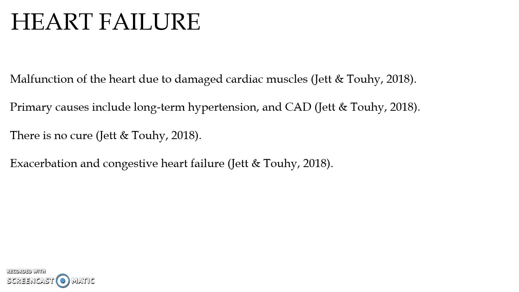Now, if the underlying cause is not well controlled, the damage becomes worse and can actually result in what is known as congestive heart failure. An important point to note, there is no cure for heart failure. Now, an older adult who is experiencing a worsening of their heart failure, which sometimes you might hear called an exacerbation of heart failure, may present atypically as confused and delirious with complaints of things like insomnia, nocturia, dizziness, and just things like that.